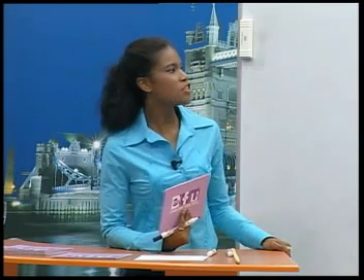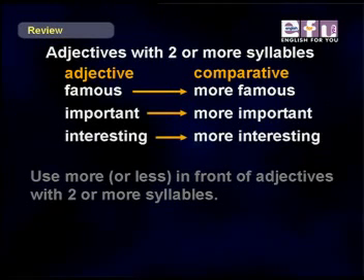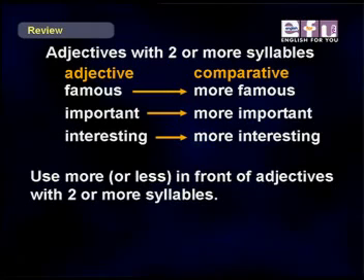Now let's look at adjectives with two or more syllables. For example, famous becomes more famous in the comparative. Important becomes more important. Interesting becomes more interesting. Remember, use more or less in front of adjectives with two or more syllables.